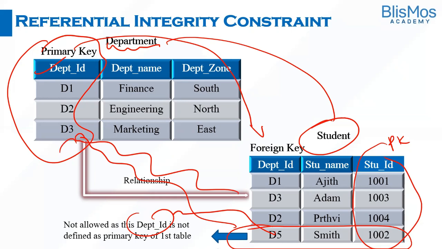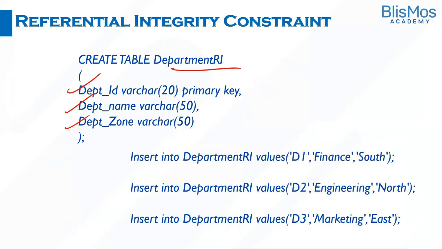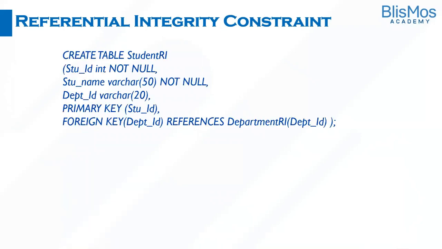Let us look at the same example syntactically. First we are creating a department table where we have department ID, department name, and department zone. There we can insert different records into the department table, and we have another table called student RI, which has student ID, student name, department ID, and the primary key is student ID here.